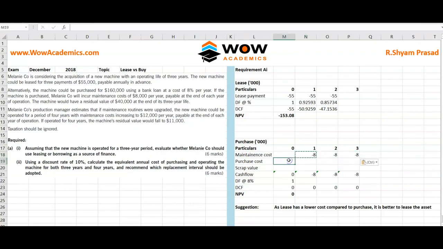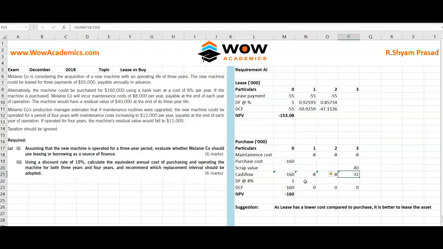We've done. The purchase cost is 1,60,000. So it is here. So 160. We've done. We also have the scrap value. Scrap value usually occurs at the end of the year, and it's a positive cash flow, and that comes to residual value of 40,000. So we got the answer.